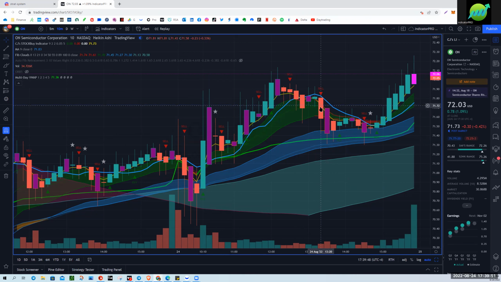Once it does that, that's another confirmation that it's not showing strength. As a matter of fact, look at how much it drops. So you can get out here or you can get out here. But bottom line is you're looking for confirmation as to what to get in and what to get out of.